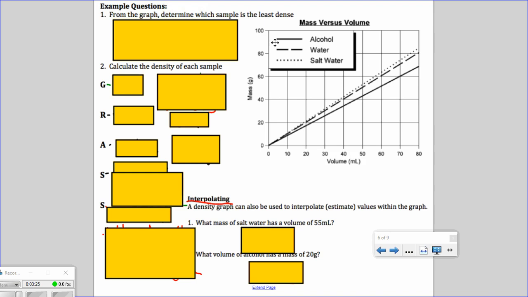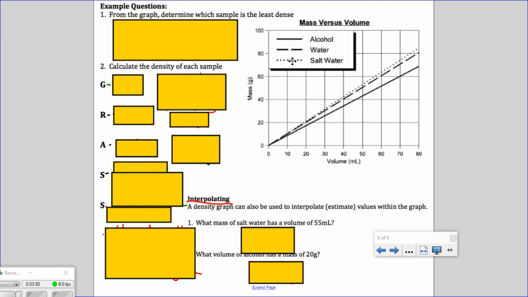So we'll look at this graph here. In this graph, we have volume on our x-axis, mass on our y-axis, and then we have 3 lines that represent 3 different substances. The solid line represents alcohol. The dashed line represents water.